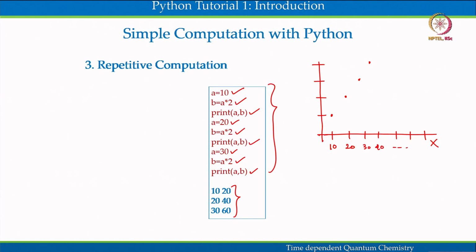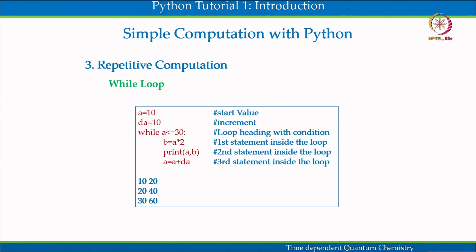So instead of repeating several times, there is a way of automating the execution using Python, and we will use two different loops for that. One is the while loop, another one is the for loop. We'll go over the example of the while loop first. We'll take a look at how the loop construction is given.